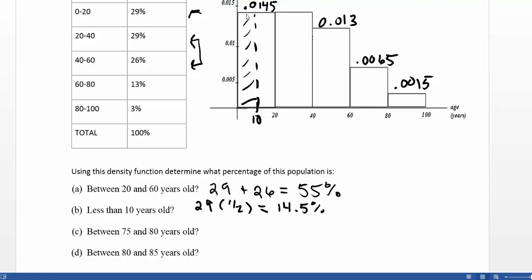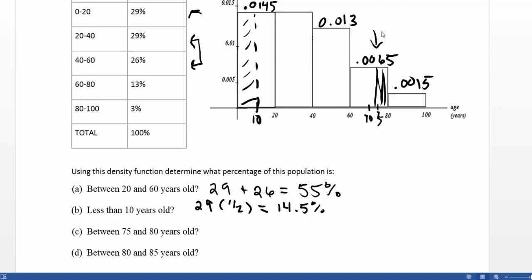So for part C, we want to know what percentage of the population is between 75 and 80. So first, if we look at our interval, we know that halfway between 60 and 80 is 70, but we're interested in 75 to 80. So that's a 5-year span from 75 to 80. So what we can do is multiply 5 times 0.0065.